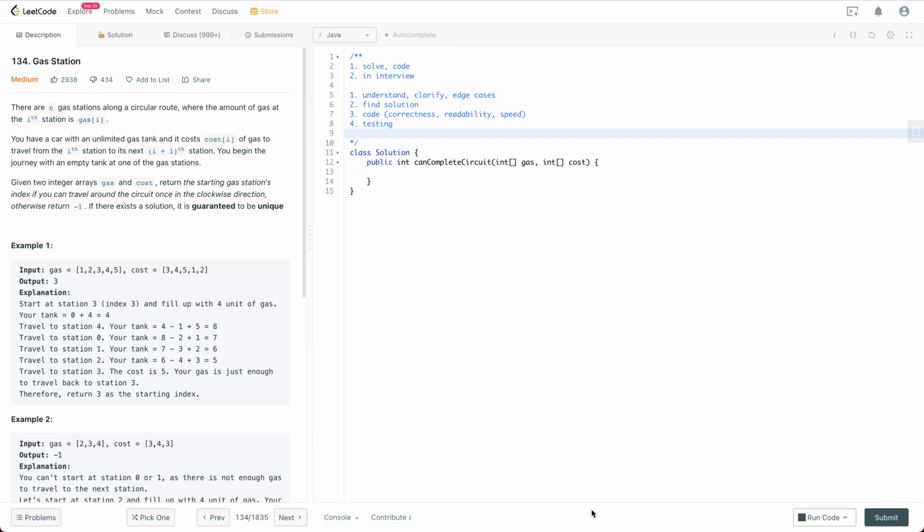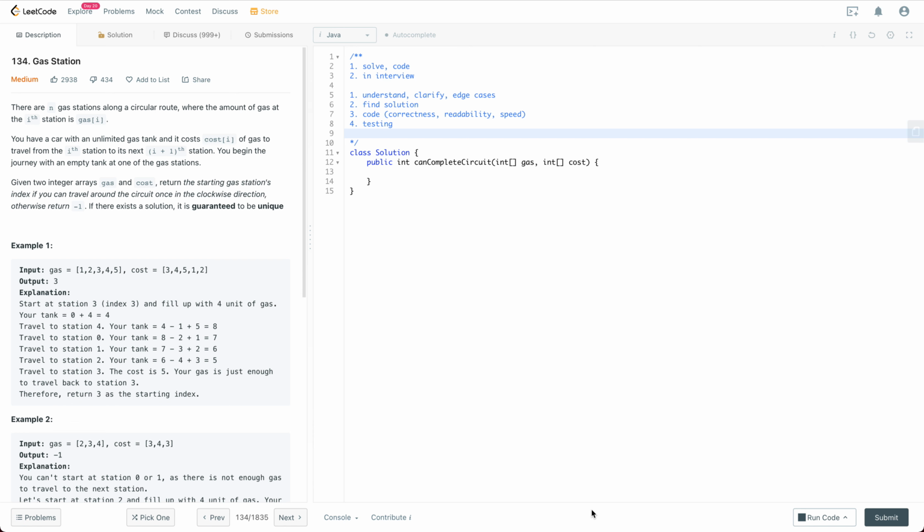You begin the journey with an empty tank at one of the gas stations. Given two integer arrays gas and cost, return the starting gas station's index if you can travel around the circuit once in the clockwise direction. Otherwise, just return -1.